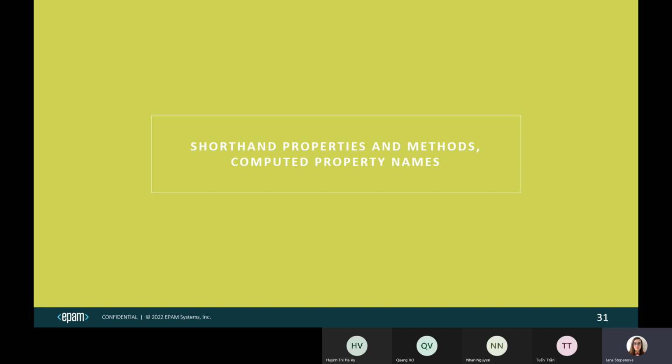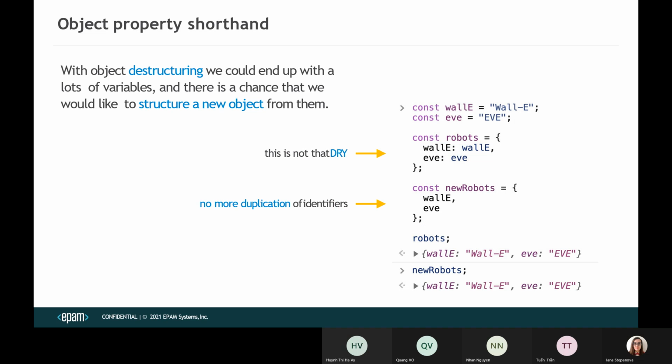Next, ES6 introduced to us shorthand properties and methods, as well as computed property names. So, object property shorthand. With object destructuring, we could end up with lots and lots of variables, and we may easily need to create a new object from them, to structure them back.